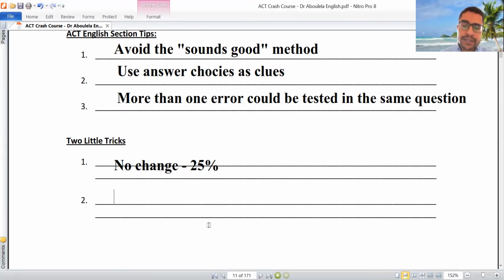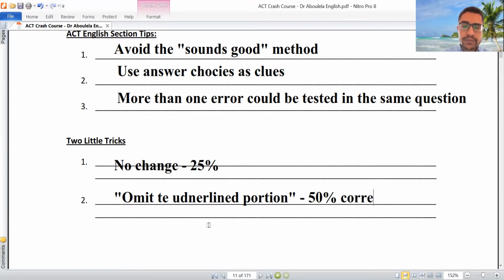The second one is sometimes you find an answer that says omit the underlined portion. And quite honestly, this answer choice is 50% correct.